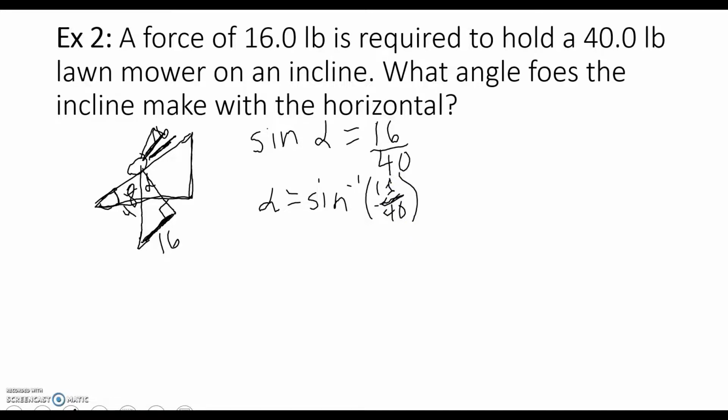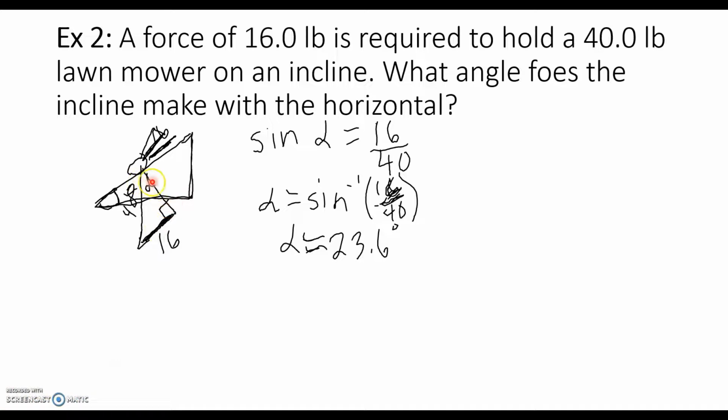That's 16 over 40, guys. So the inverse sine of 16 over 40 is equal to 23.57. Everything is given to 3 significant digits, so we'll say alpha is 23.6 degrees approximately.